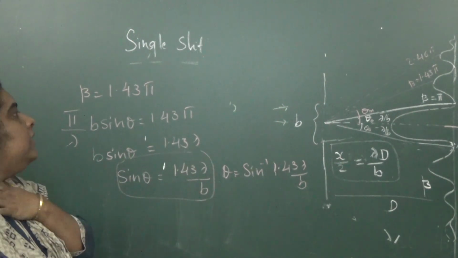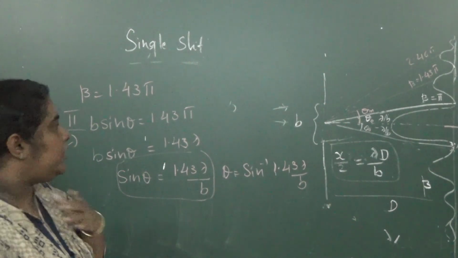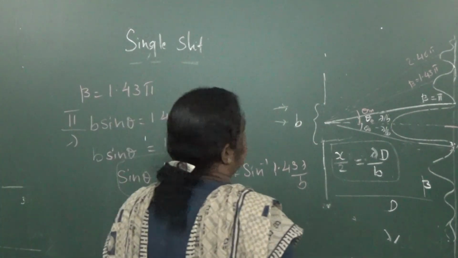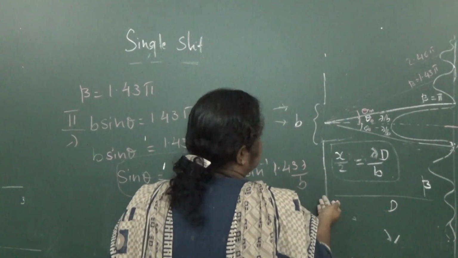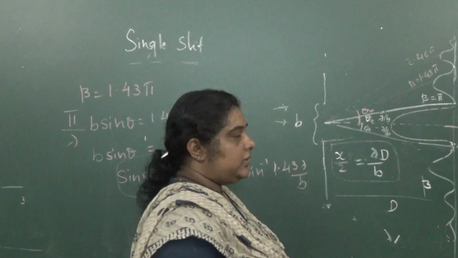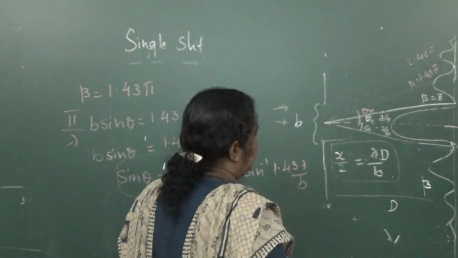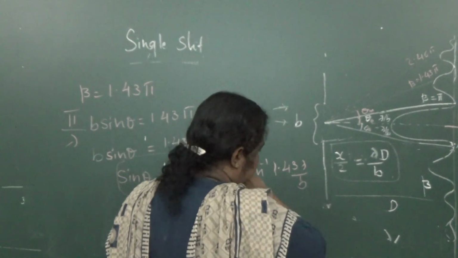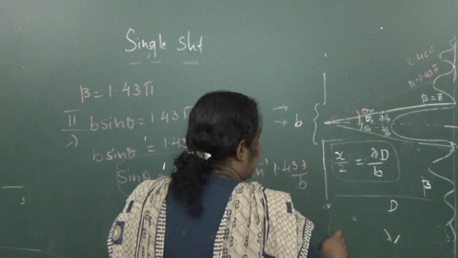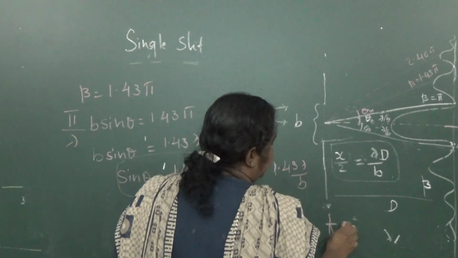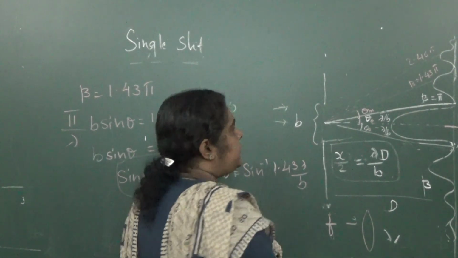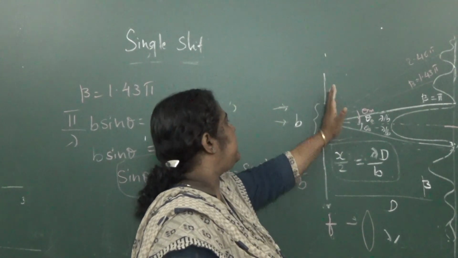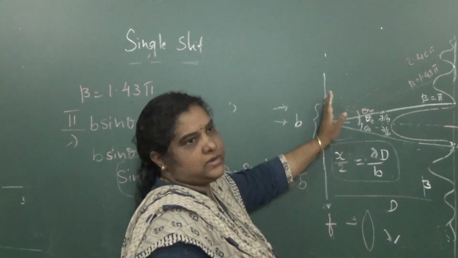Okay. Then one more thing: in some problems, instead of giving this distance D between the screen and the slit, they will give the focal length f of the lens, which we keep just in front of the slit.